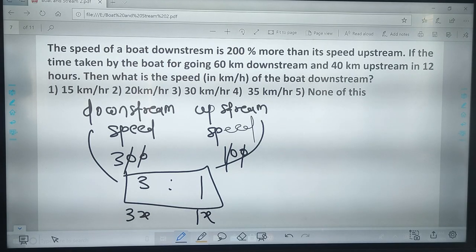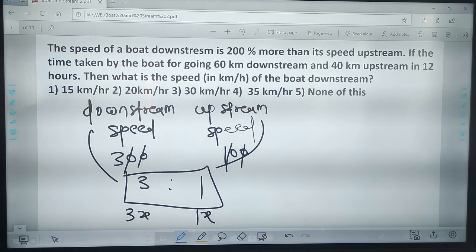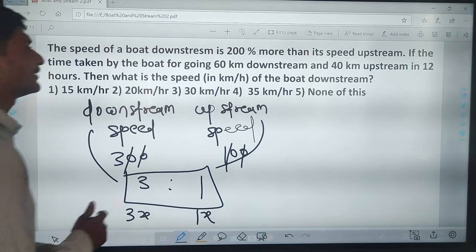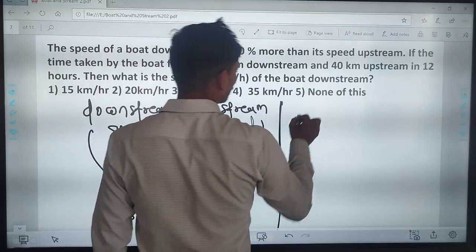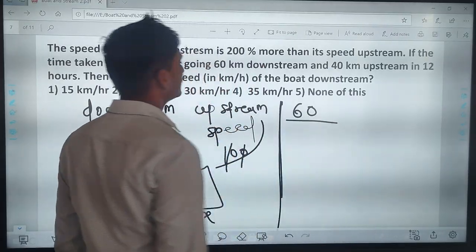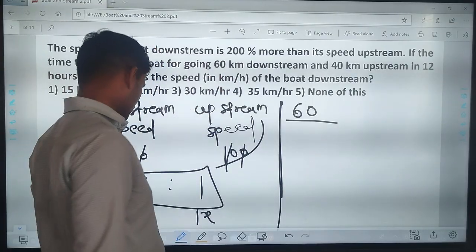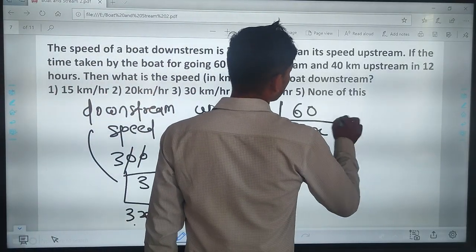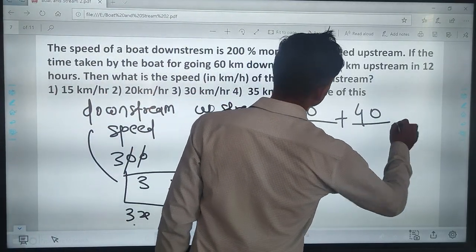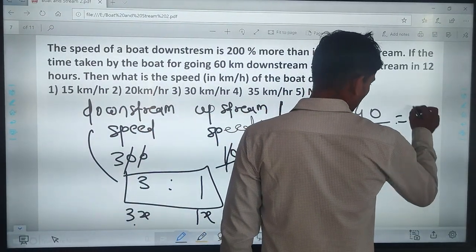Now what is the total time? The time taken by the boat for going 60 km downstream and 40 km upstream is 12 hours in total. So the downstream distance is 60 km divided by downstream speed, 3x, plus upstream distance 40 divided by upstream speed x is equal to 12 hours.